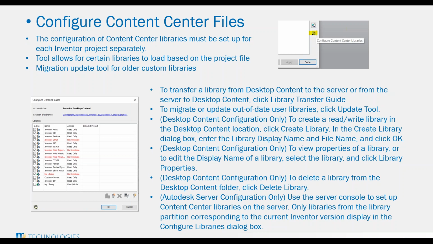What this allows you to do is, when you're in your project file, whether it's a vault or single user, you can click on the content center libraries here, and it will actually display the dialog box down in the lower left. The path to the content center files is displayed, and depending on what they are, it gets a little confusing, but you can install what we call desktop content, which is local to the machine, or you can install server content.